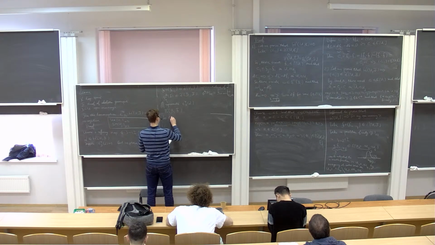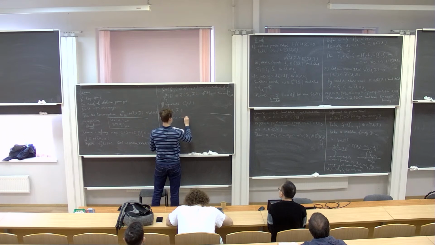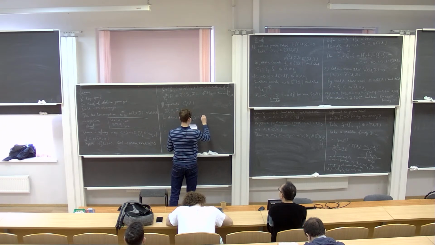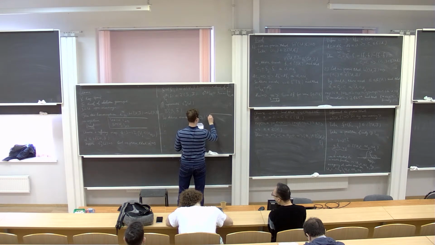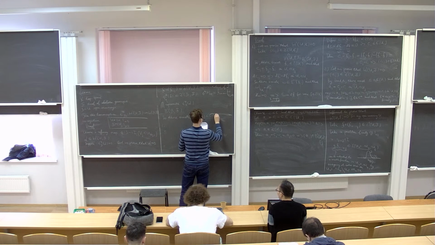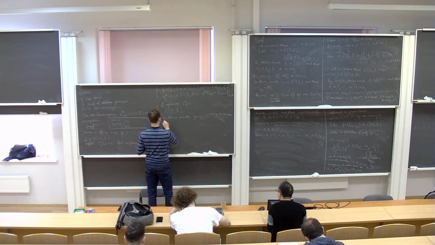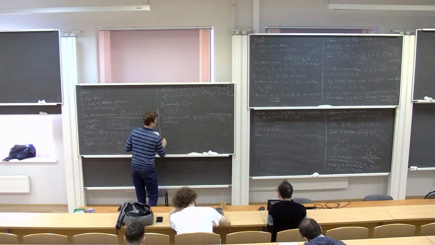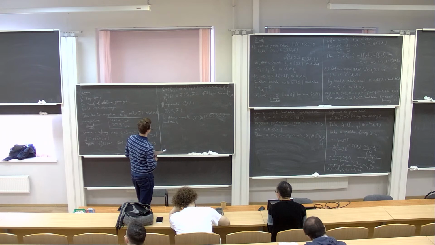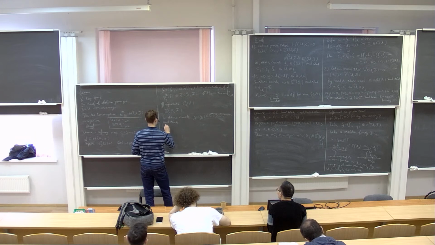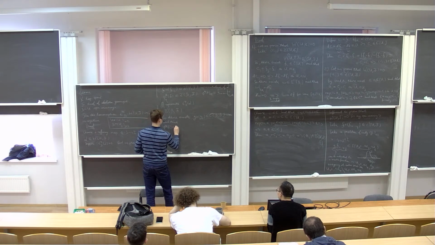So there exists a cochain g such that phi is delta g.